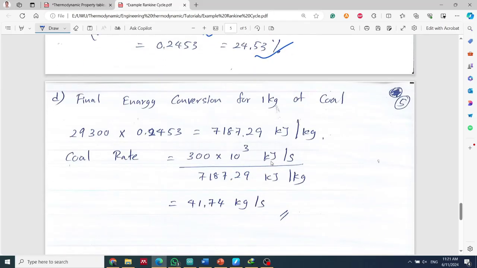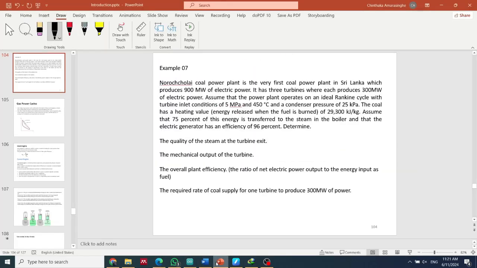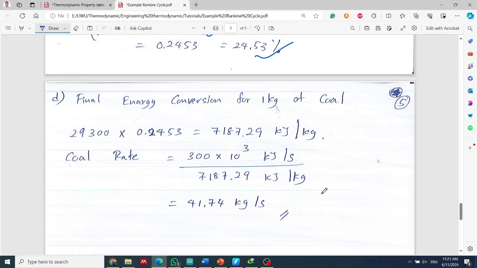Then the final part asks for the required rate of coal supply for one turbine to produce 300 megawatt power, right? Let me approach in this manner. Let me first look at the final energy conversion for 1 kilogram of coal. That means if you burn 1 kilogram of coal, what is the final electrical energy we can get from that?